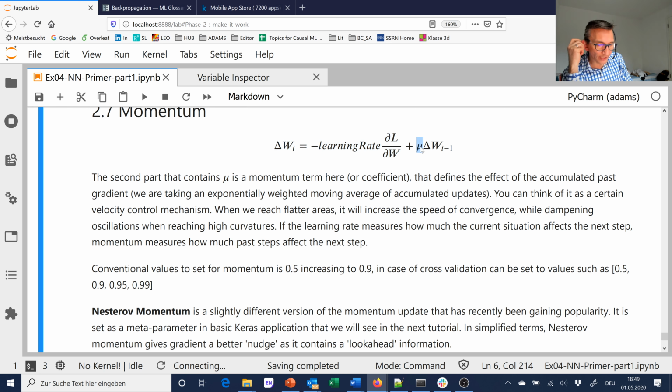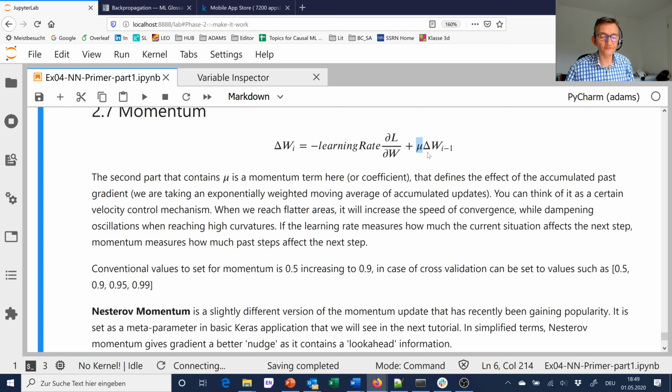More interestingly, we have this delta W_{i-1}. Delta W_i is the change of our weight that we are calculating, and then delta W_{i-1} would be that equation with delta W_{i-1}, and then in the momentum term, we would have i-2. So that is a recursive equation here. And what we are doing is essentially calculating a moving average.